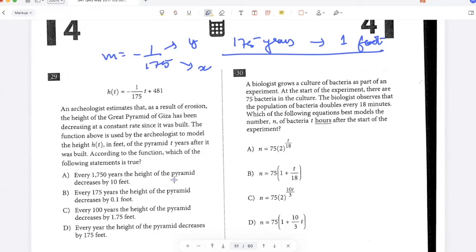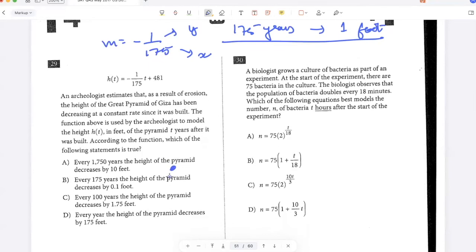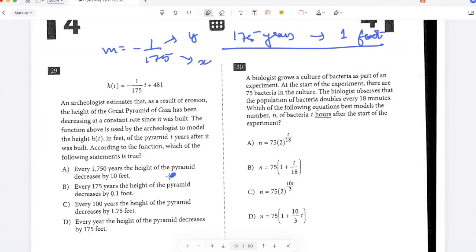Yeah, so that is correct. Every 175 years, the height decreases by 1 foot, not 0.1, so B is wrong. Every 100 years, the height of the pyramid decreases by, no, this is not representing the slope correctly. Every year, the height of the pyramid, no, so this is also wrong. Option A.